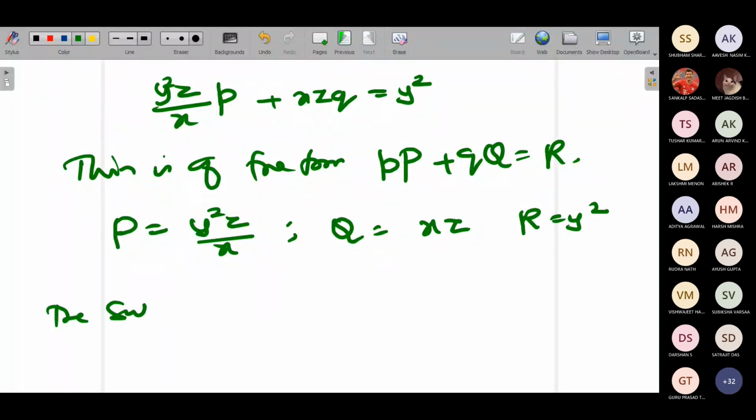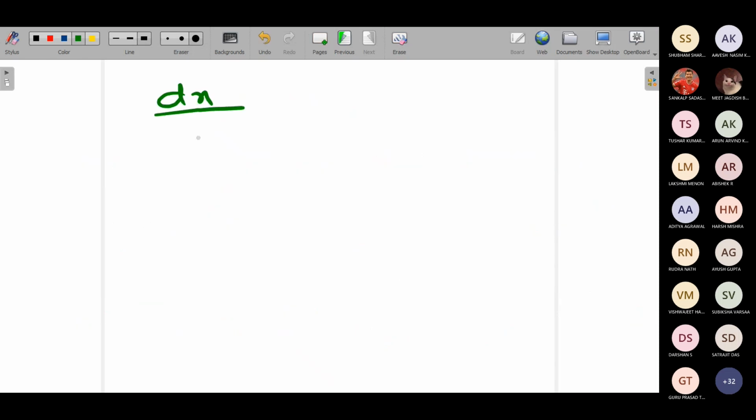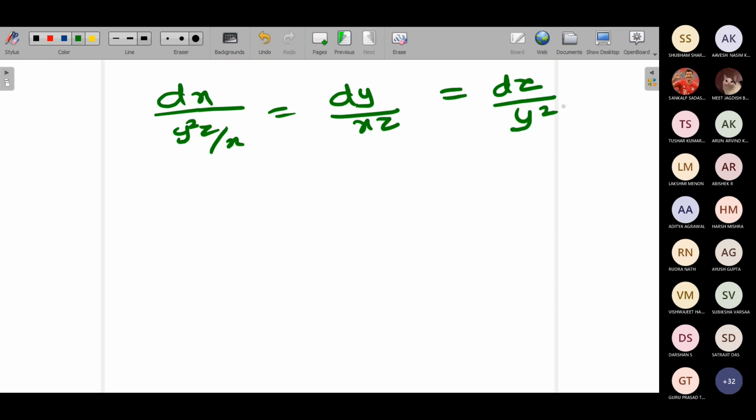So the subsidiary equations are given by dx by capital P, dy by capital Q, dz by capital R. Now rewrite it: dx divided by y square z by x is equal to dy divided by xz is equal to dz divided by y square.